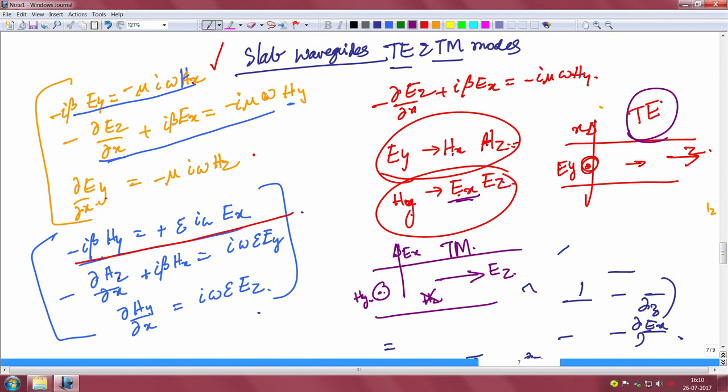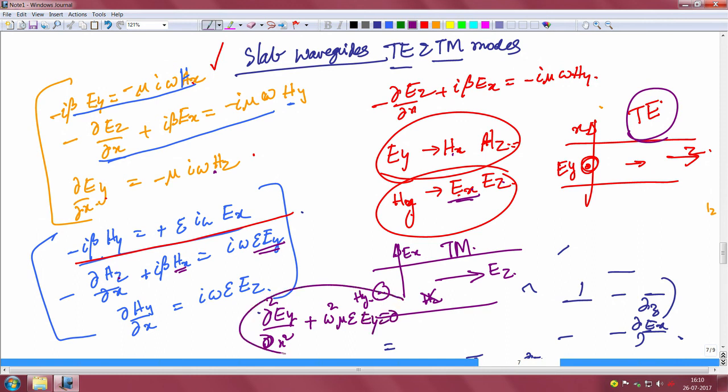We can use the other relationships to eliminate the other variables. For example, Hz variation is there and you can replace it with the Ey variation. So, you have del square Ey by dx square related to, once again, Ey. If you replace Hz, you can get omega square mu epsilon into Ey.